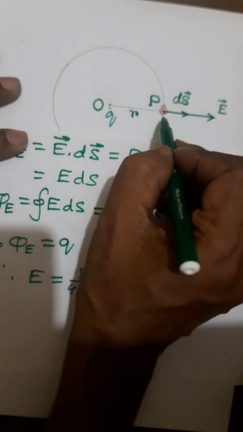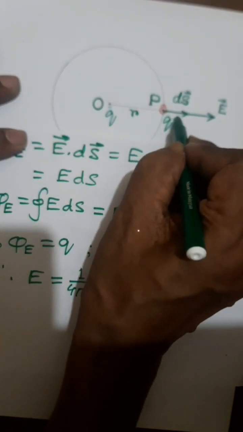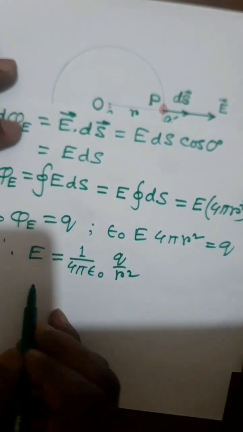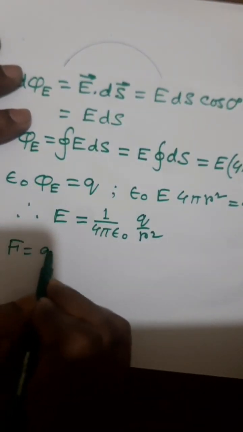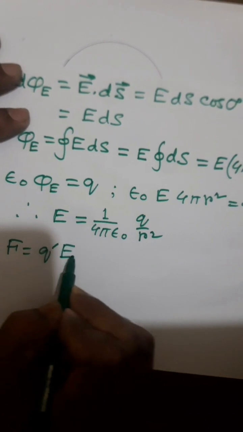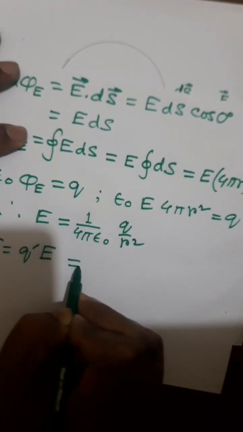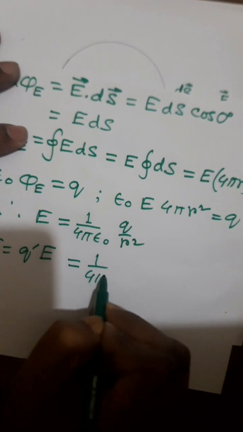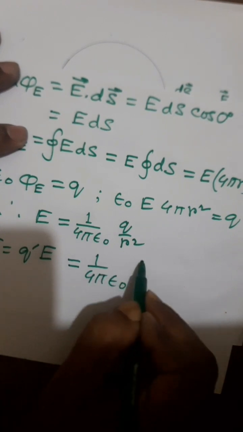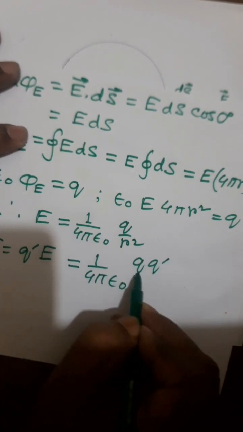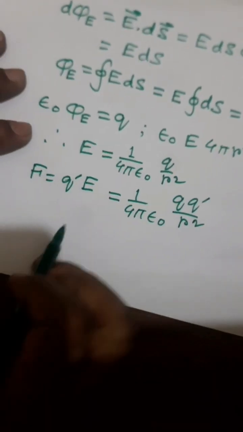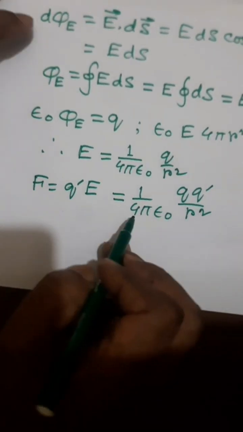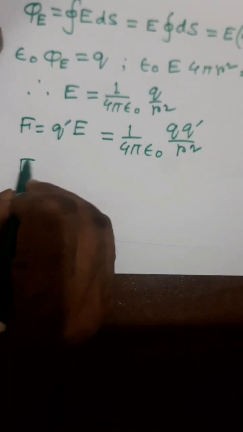The force on a charge Q dash at P equal to Q dash E equal to 1 by 4 pi epsilon naught Q Q dash divided by r square. This is Coulomb's law.